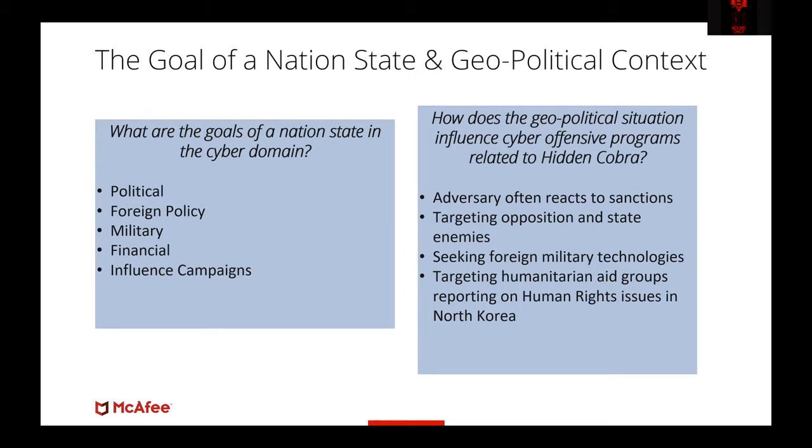They target humanitarian aid groups that report on the human rights issues in North Korea, as well as other opposition groups, such as defectors, etc., that might be of interest to run a state-driven intelligence operation.